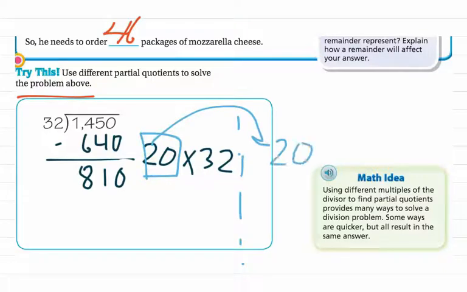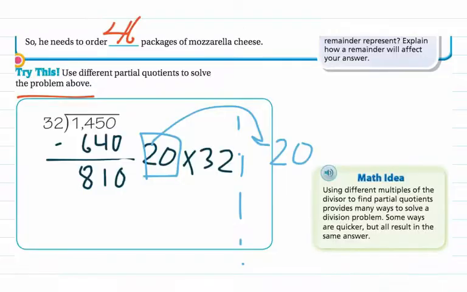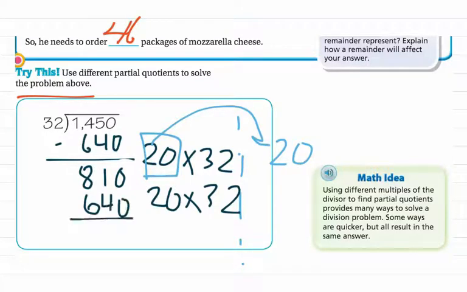So 20 was our first multiple. Again, if we go back to the original problem, we know that if we added maybe these two second tens together, we can get another multiple of 32, which would be 20 again. Let's try it out. 32 times 20 equals 640. That works. We can subtract that again. So we're going to rewrite that partial quotient on the side, again, 20.